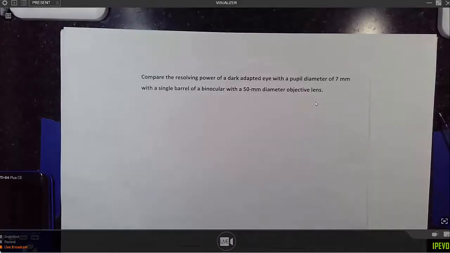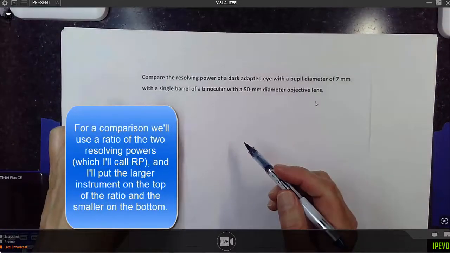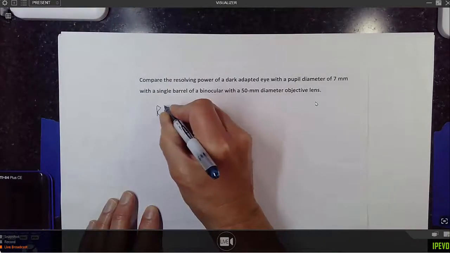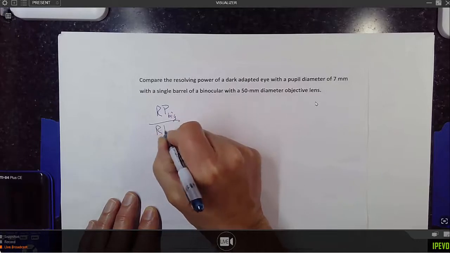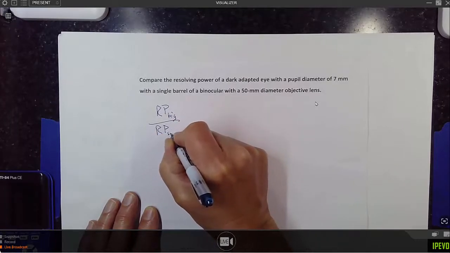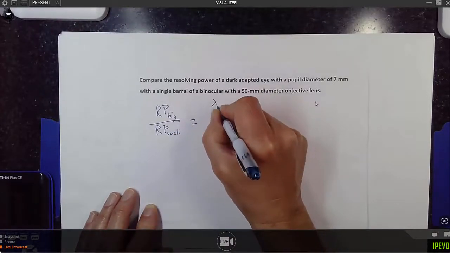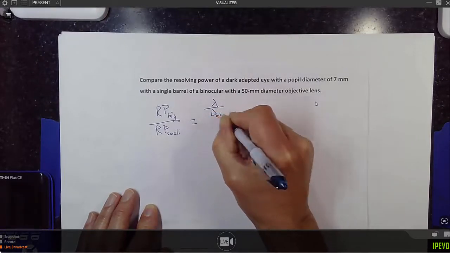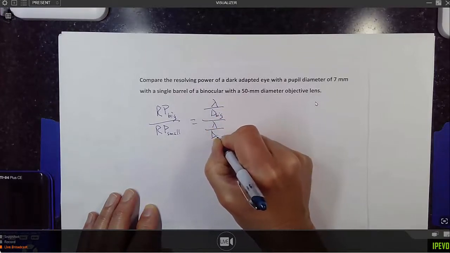We'll compare some of the same instruments that we did yesterday. I'll call it RP, and I'll put the RP for the big on top, resolving power that is, RP for the small on the bottom, and this would end up being lambda over the diameter of the big one divided by lambda over the diameter of the small one.